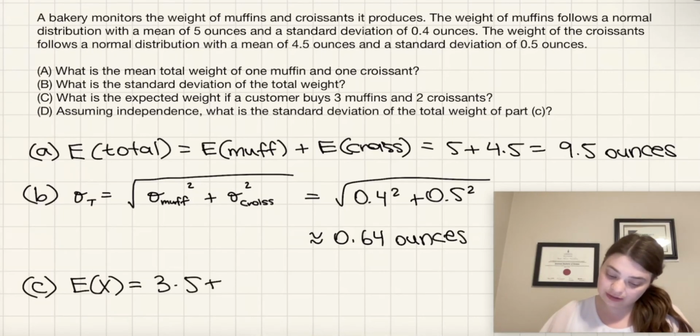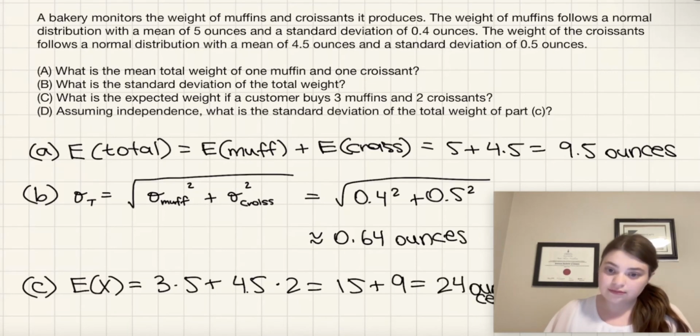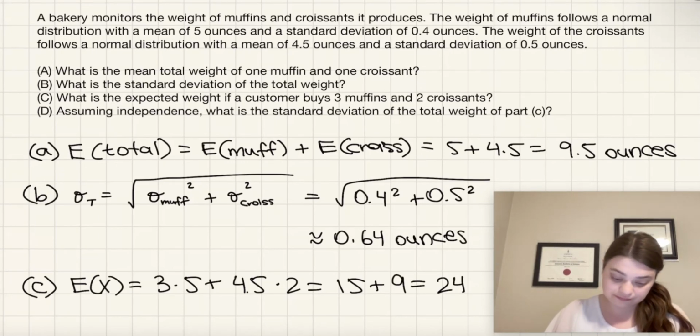So each croissant we're expecting to be 4.5 ounces. So plus 4.5 times 2. So then 3 times 5 is 15, plus 4.5 times 2 would be 9. And then if we add those together, we get 24 ounces. And there we go. 24 ounces is our solution there.